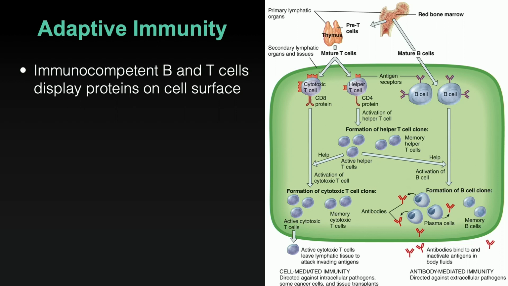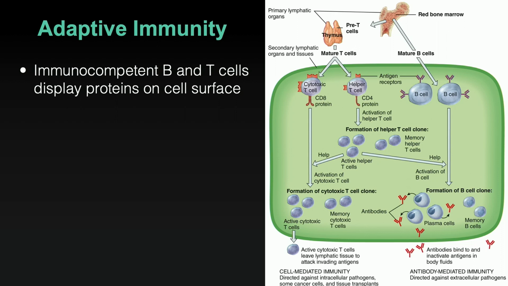When they are fully differentiated, when they are immunocompetent, they display receptors on the cell surface. And these are sensors that are waiting to pick up signals in the body that there's an invading pathogen. They're looking to bind to the specific parts of the invaders to trigger an immune response.